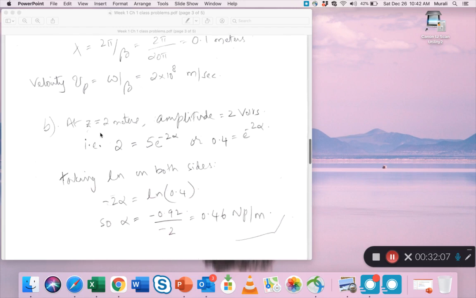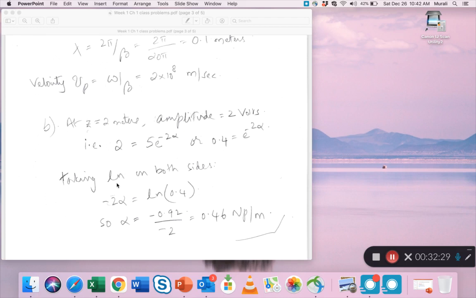Lastly, at z equals 2 meters, we are given that the amplitude is 2 volts. That means 2 volts equals 5 exponent minus 2 alpha, where 2 is the x or the distance. So solving this, we get 0.4 equals this.